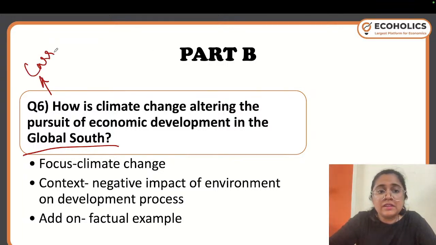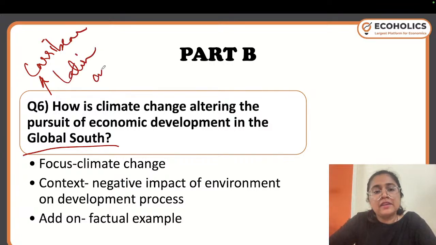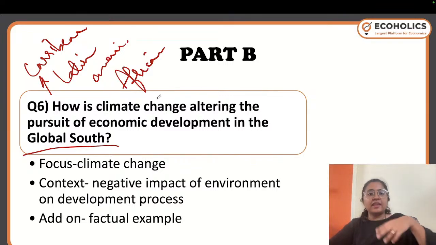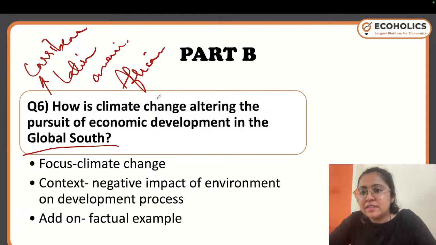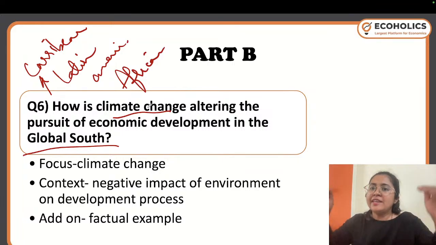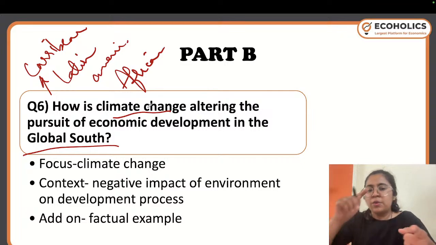So the Caribbean countries, the Latin American countries, the African countries, and some other countries which are island countries which do not have a solid economy, underdeveloped or developing countries basically, okay? Now what's happening to those countries? The development has to start in these countries, but because of the negative impact of climate change, the development is not happening.